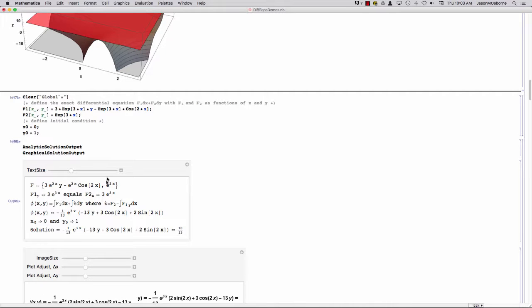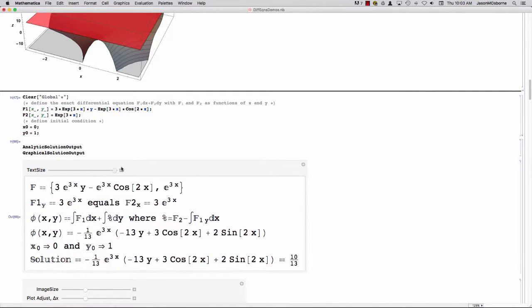So here is our solution that we are supposed to get. Okay? You can see here that our potential function when you integrate comes out to be this. Okay? And when they apply the initial condition, you get a constant of 10 over 13.